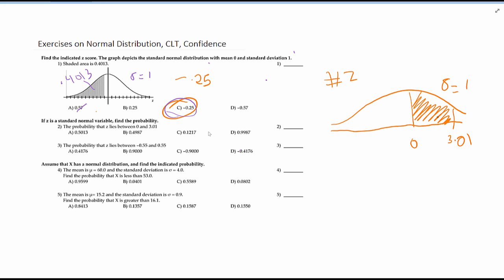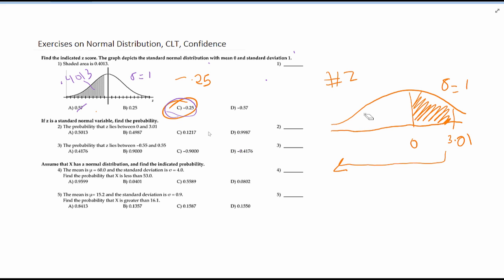So the way that we're going to do this is by reading the positive table at 3.01, which will give you all this area, but it's giving you an excess of 50% because when I read the positive table, it gives me the area basically from negative infinity to the value. It is also including this green area, which is not part of the question, and that accounts for 50% of the data.